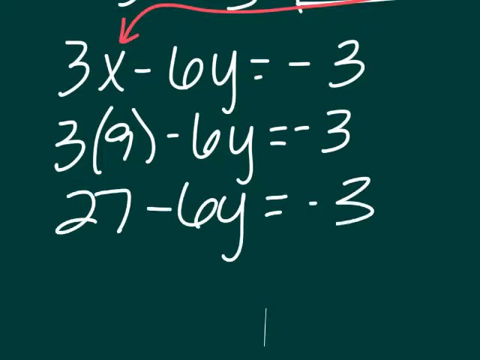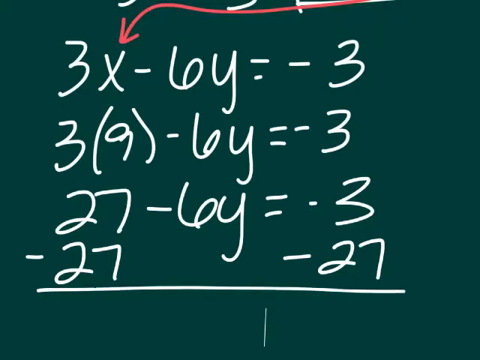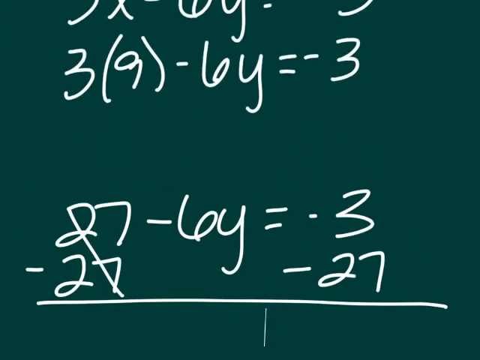How do I solve that out? Not yet. What needs to move first? The 27. How am I going to move it? Minus. What's negative 3 minus 27? Negative 30, good.